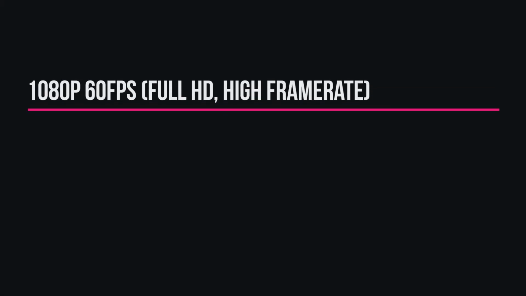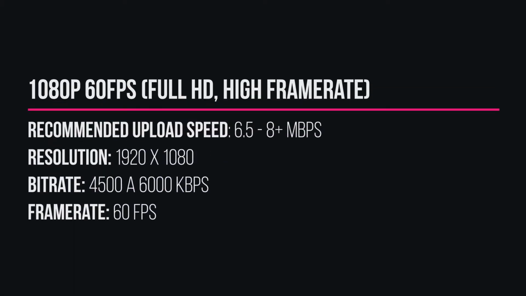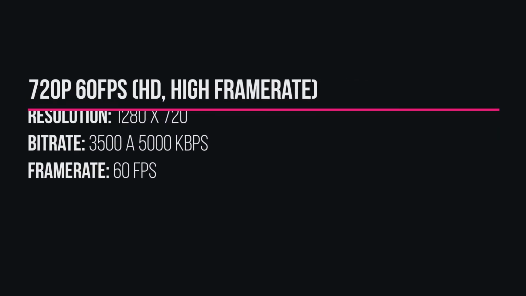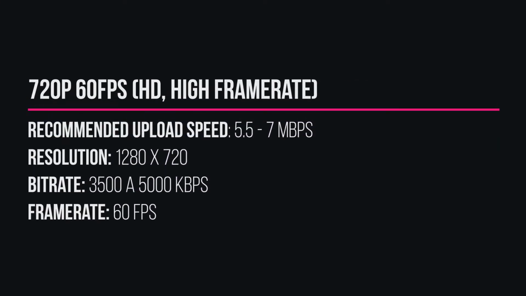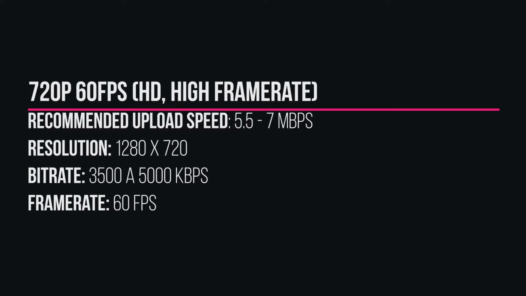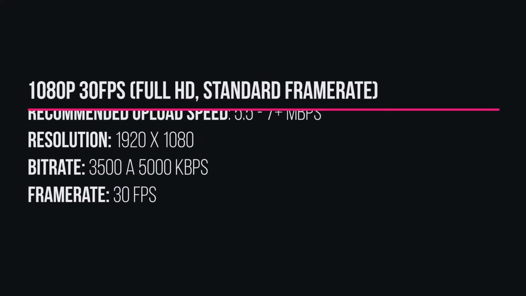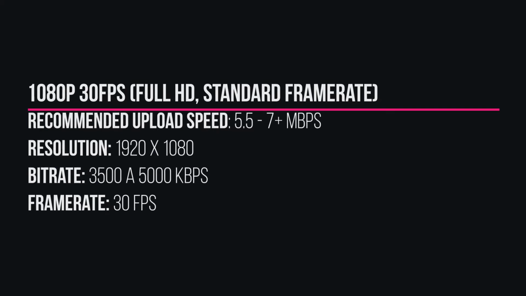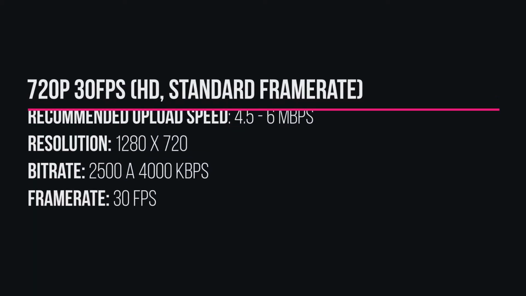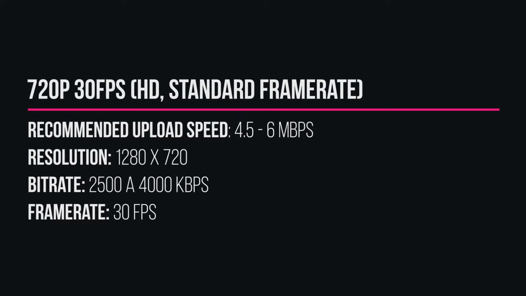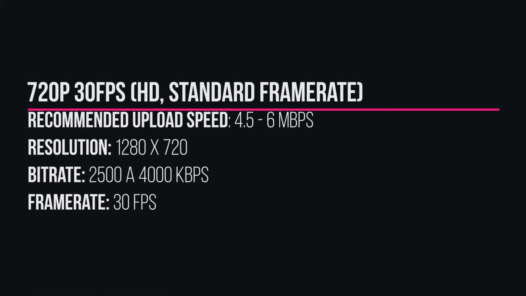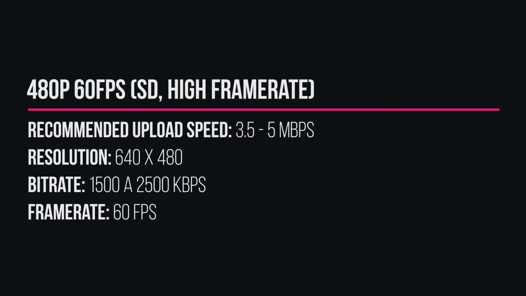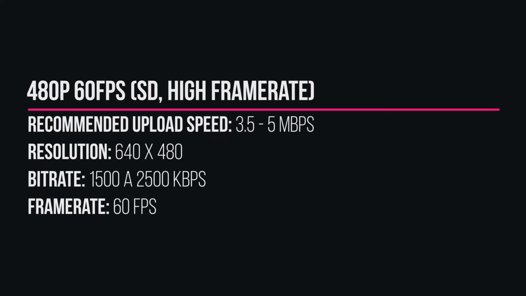So these are just some samples, and you can also try to see which one suits you best depending on how much speed you have and also the kind of system you can provide in your computer. I suggest that you play with these settings as you go and you learn more about OBS Studio, and then at the end you can have the better options that might serve you better for your live streaming experiences.